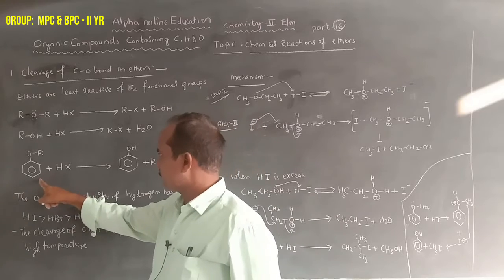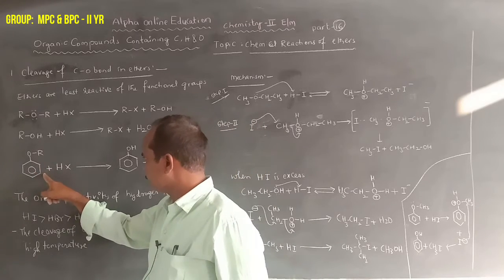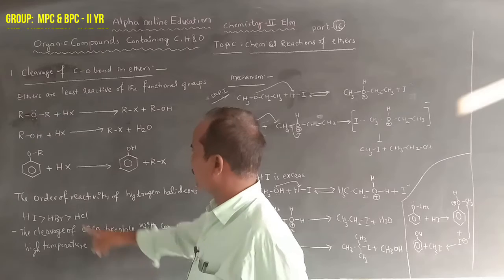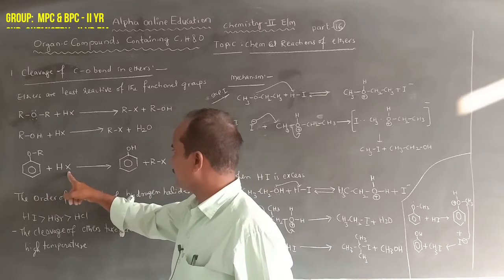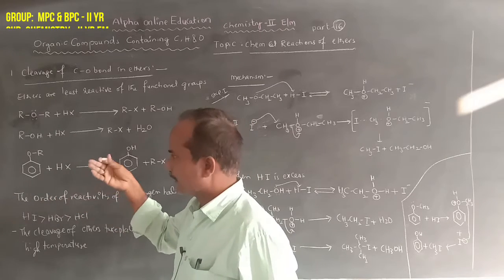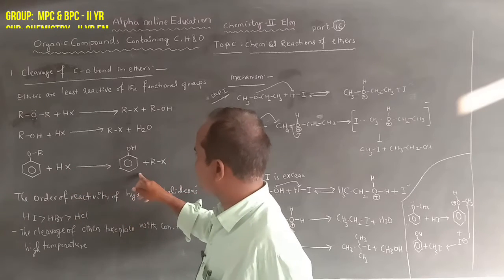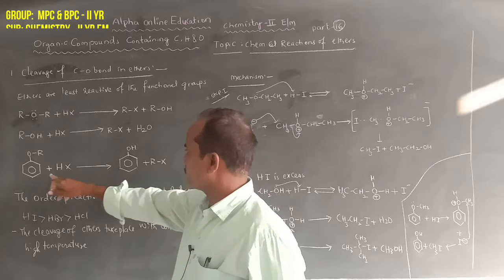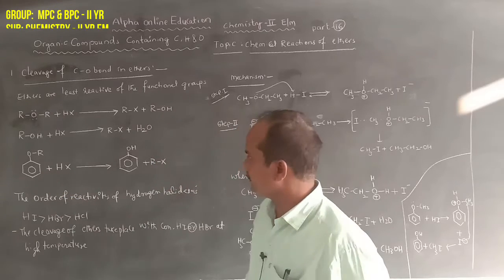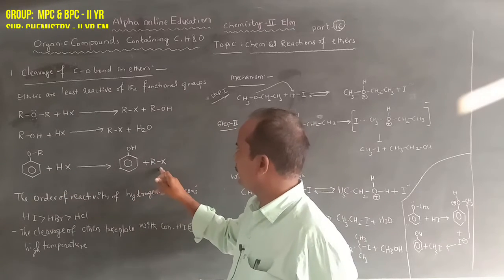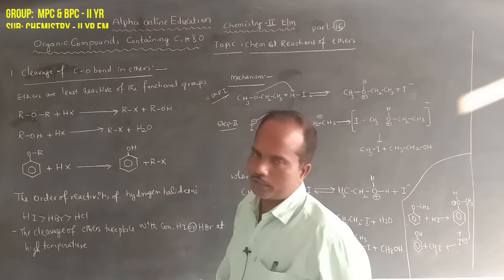Let's see the aromatic ether. When an aromatic ether is treated with a hydrogen halide, whether hydrogen bromide or hydrogen iodide, aromatic ethers can form only 1 mole of alkyl halide.